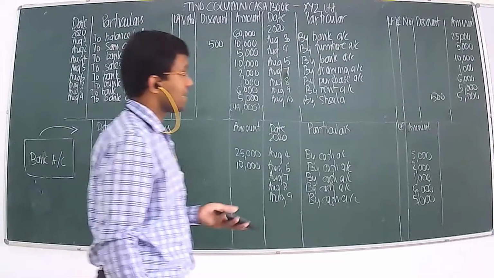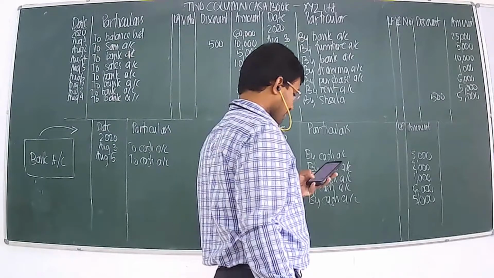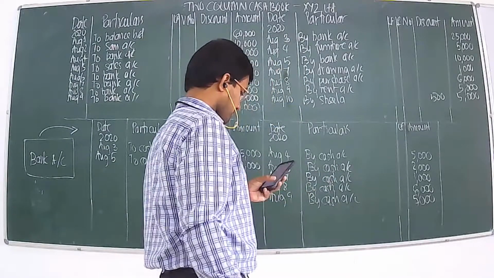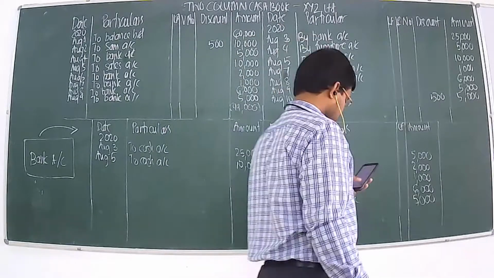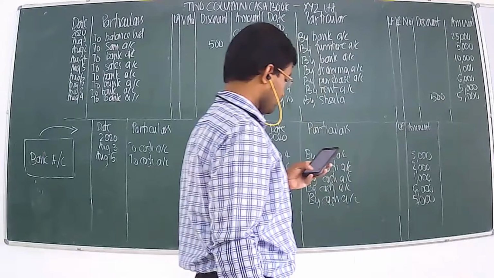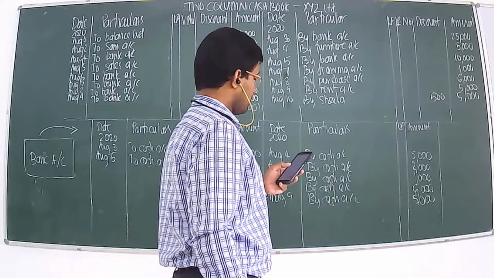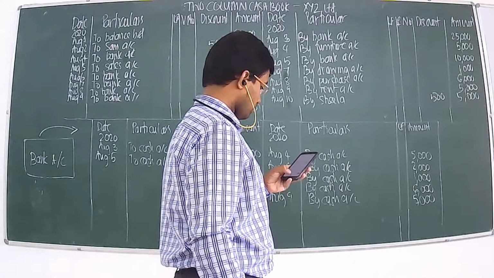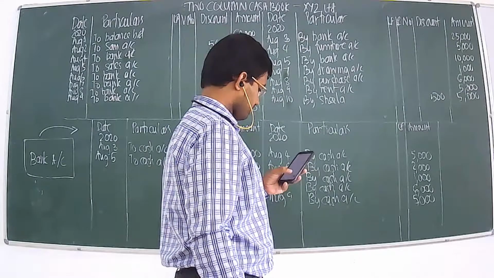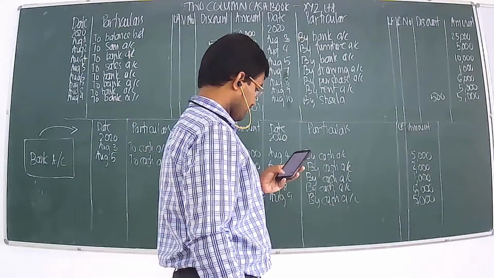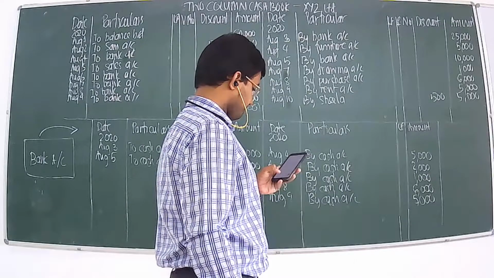Now let me see the credit side. On the credit side, I have 25,000 plus 5,000 plus 10,000 plus 1,000, 10,000 plus 1,000 plus 6,000 plus 5,000 plus 5,000.